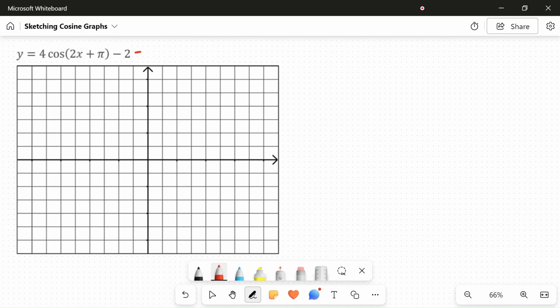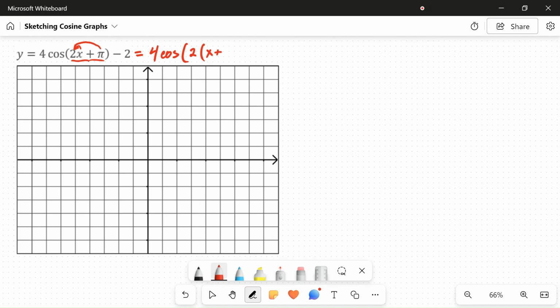We're not going to change the 4 out front, so we're still going to have 4 times cosine. I'm going to take this 2x plus pi expression and factor a 2 out of both of those. So I'm going to take the 2x and divide it by 2, which leaves me with an x. And then I need to take the pi as well, so I need to take both of these and factor out a 2.